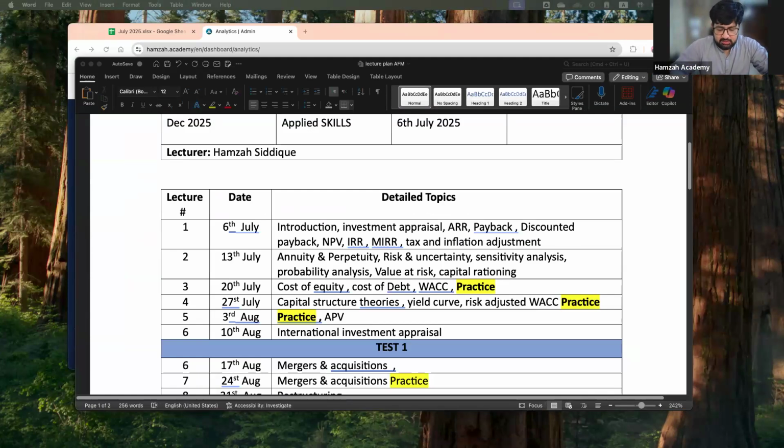So, single period capital rationing: the first one is projects are divisible, the second is projects are indivisible.